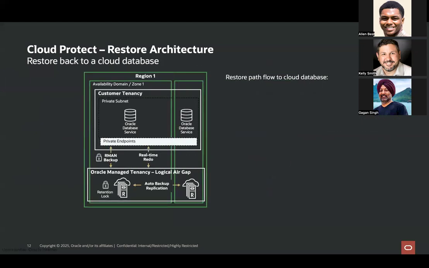So the other option is to actually restore back to a cloud database, which is going to be the exact same path whether you are coming from a cloud database or from using Cloud Protect and recovering from an on-premise database. So it starts always from the recovery service. The data is transferred via a private endpoint and through the customer's OCI tenancy subnet.